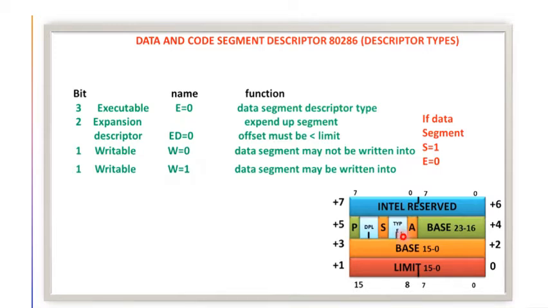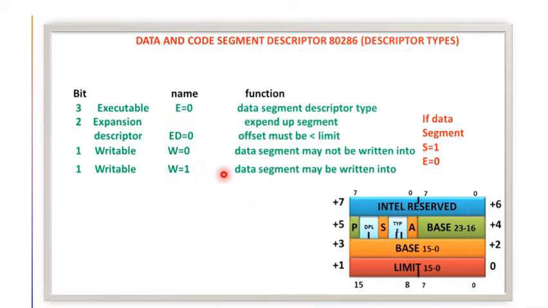Next, bit number 3 is the executable bit. When it is equal to 0, the data segment descriptor type is used.